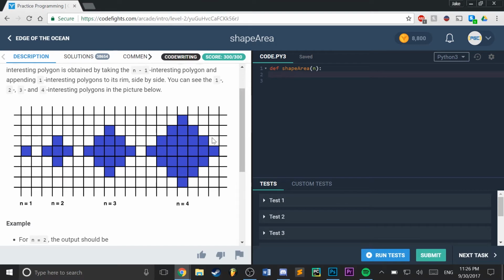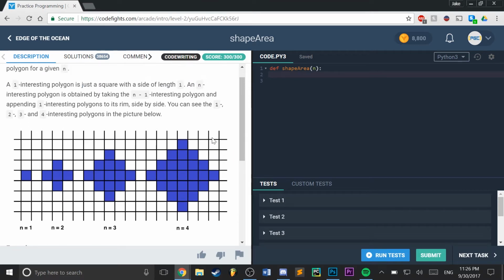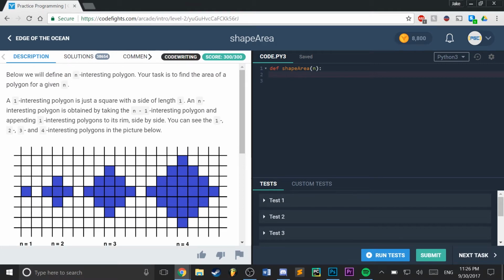So first off, let's just look at the problem. I'll read it for you. Below we define an n interesting polygon, where n just means any number of sides, or any number of areas. A 1 interesting polygon is just a square with a side of length 1.